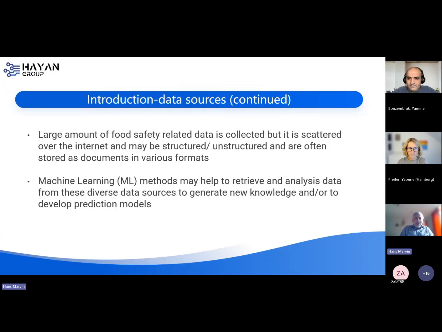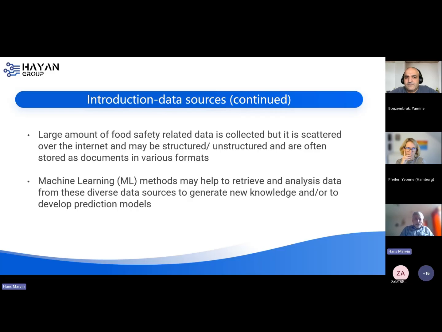So in summary, there is a large amount of food safety related data being generated and collected, but it is scattered all over the internet, can be structured or unstructured, and is stored in many different types of formats. Obviously, if these are open source and available, it is interesting to see whether you can use this data for predicting or preventing food safety risks.